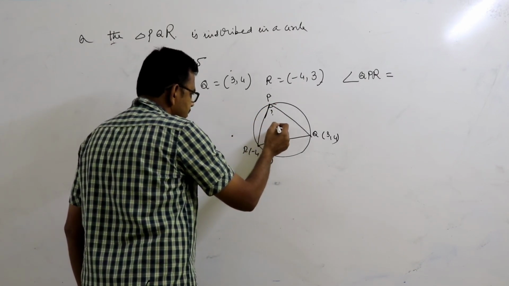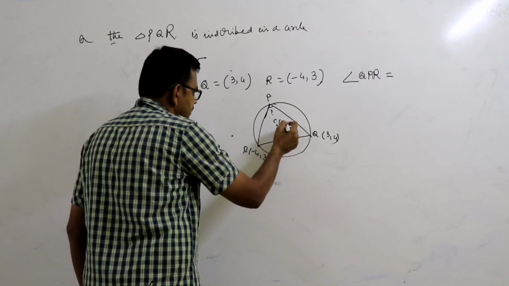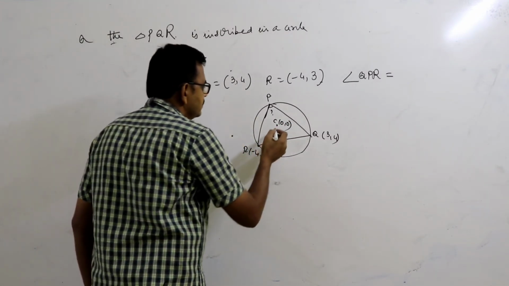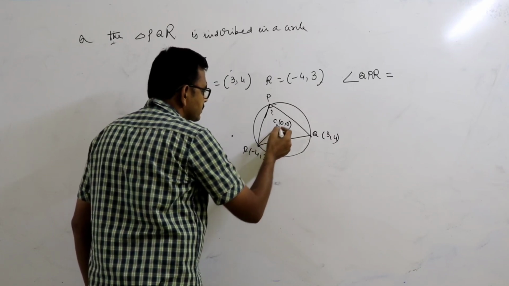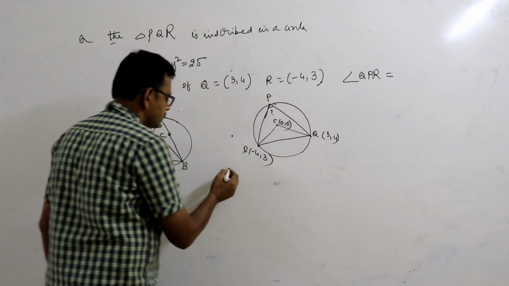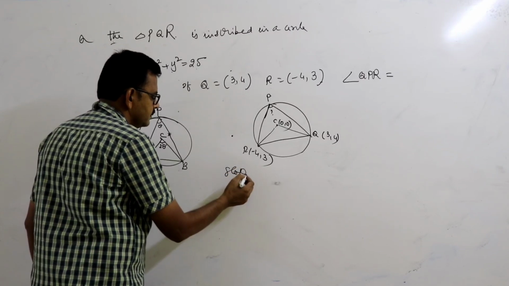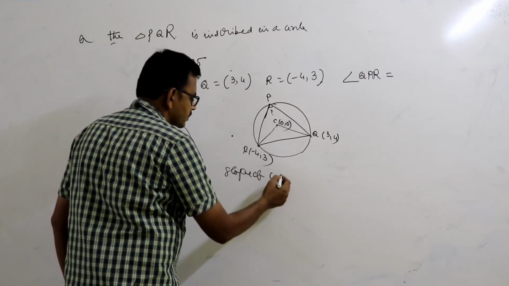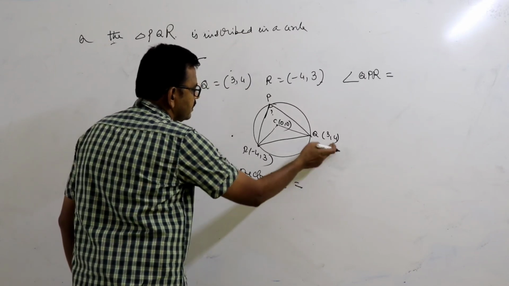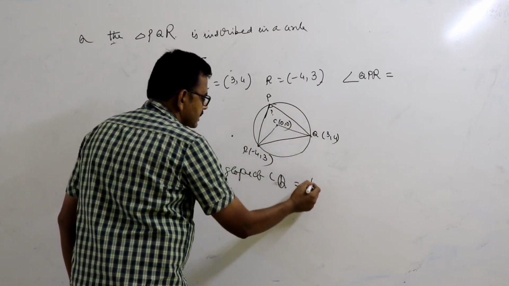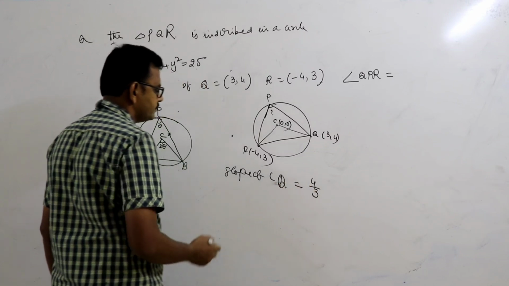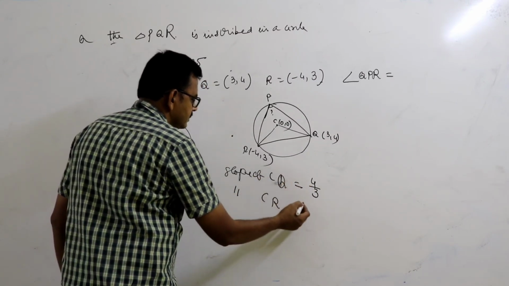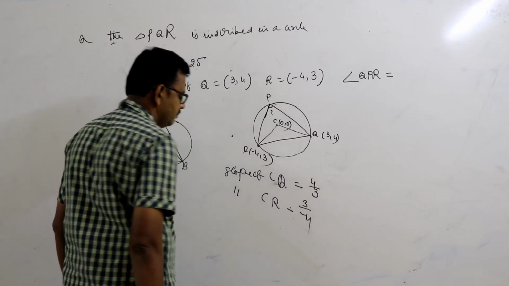Now, here the center of the circle is, let it be C, (0, 0). x square plus y square equal to 25. Now, slope of CQ is equal to y2 minus y1 by x2 minus x1, that is 4 by 3. And the slope of CR is equal to 3 by minus 4.